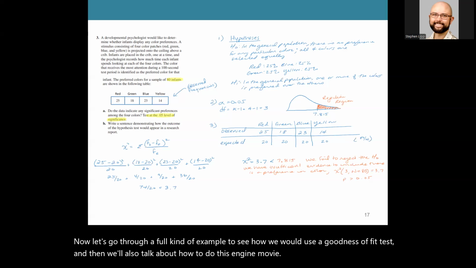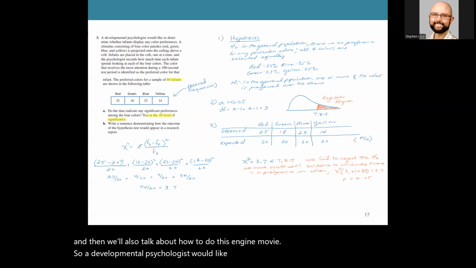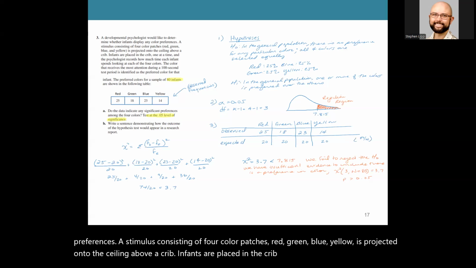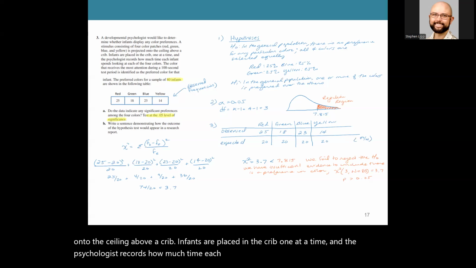So a developmental psychologist would like to determine whether infants display any color preferences. A stimulus consisting of 4 color patches, red, green, blue, yellow, is projected onto the ceiling above a crib. Infants are placed in the crib, one at a time, and the psychologist records how much time each infant spends looking at each of the 4 colors.